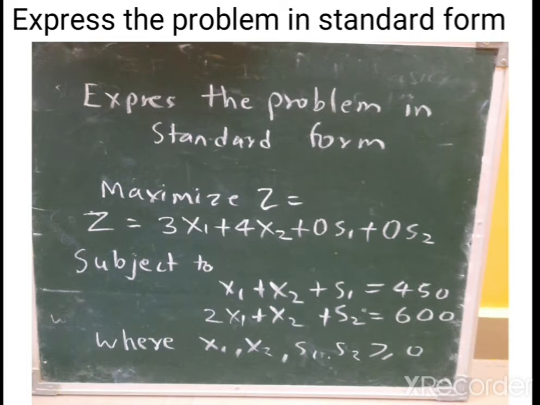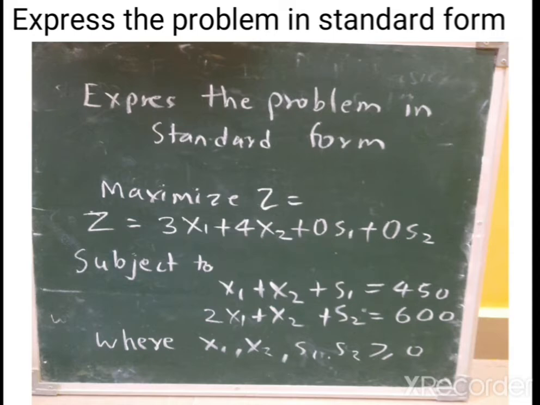So substituting x1 equals x2 equals 0, subject to x1 plus x2 plus s1 equals 450, we get s1 equal to 450. As we considered that the total profit is 0, x1 and x2 equal 0.